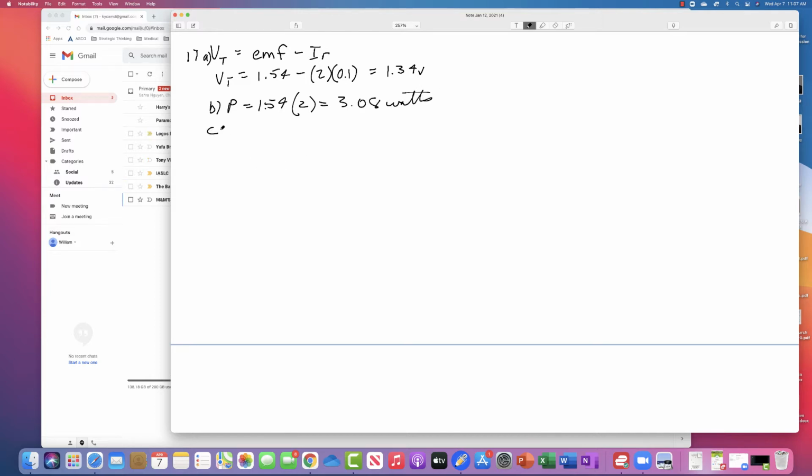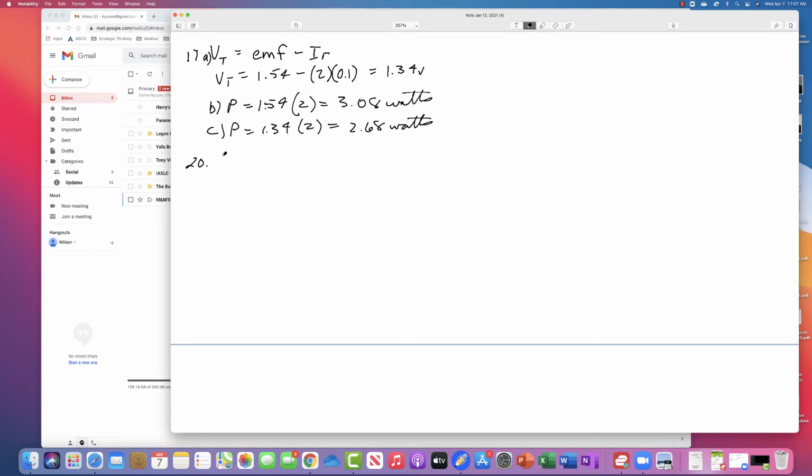But then the realized power from this battery is only going to be equal to the terminal voltage, 1.34 times 2, which is 2.68 watts. Now you notice the difference here is about 0.4 watts. Where does that go? Well, that's why batteries get hot, because the internal resistance causes a loss of power, and we'll be doing some problems here in just a minute where we actually calculate that.